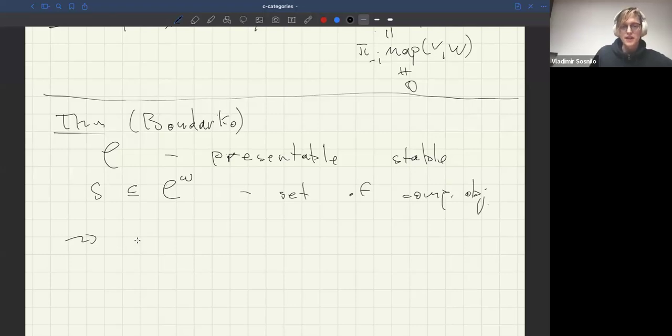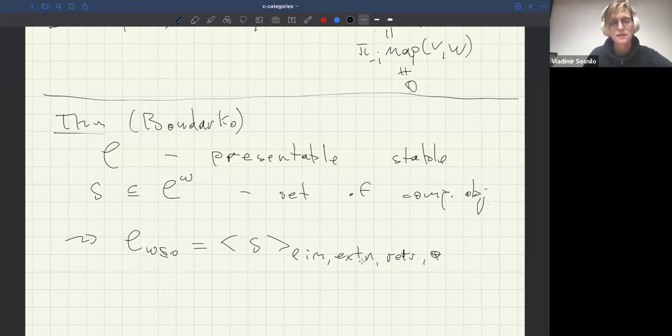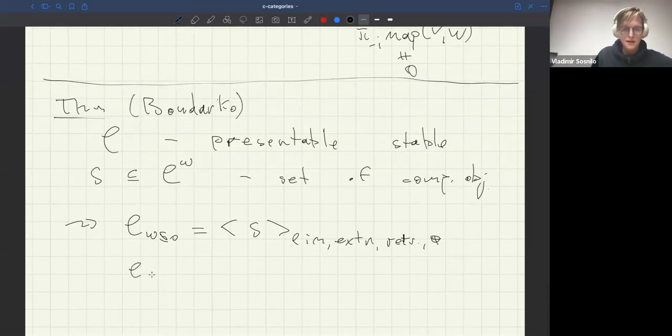Then there always exists a weight structure that has the following form. So we have C less or equal than 0 being the closure of S under limits, not necessarily finite, extensions, retracts, maybe let me say direct sums, yeah. And in this case, the positive part can be described as the class of those objects that are orthogonal to the negative part.